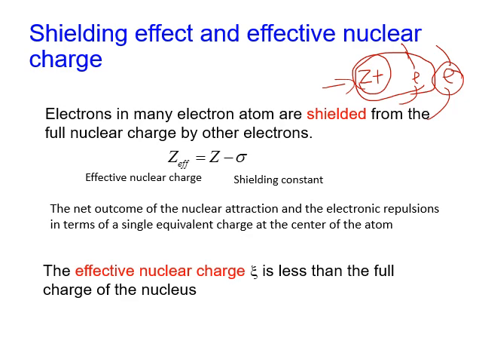We say electrons are shielded from the full nuclear charge by other electrons. The effective nuclear charge is therefore less than the full charge of the nucleus, and you can use the full charge minus a shielding constant. The shielding constant depends on the wave function, the quantum numbers of the other electrons.